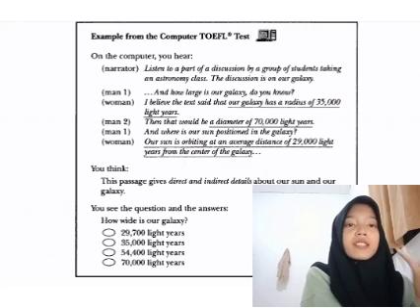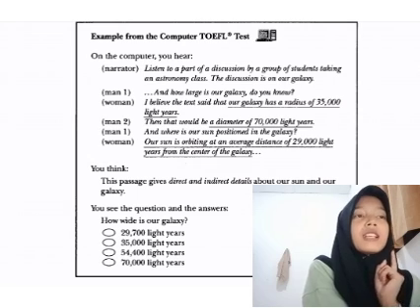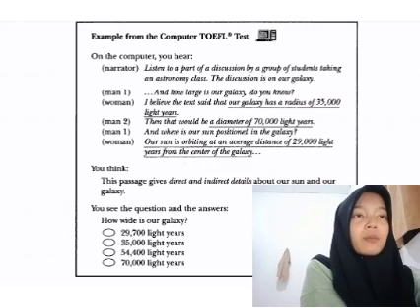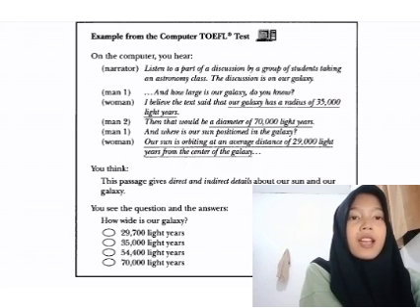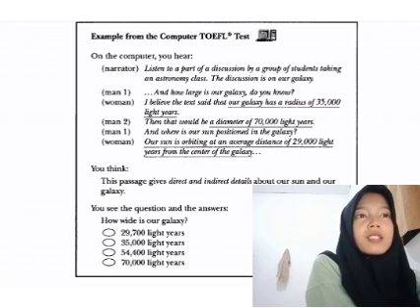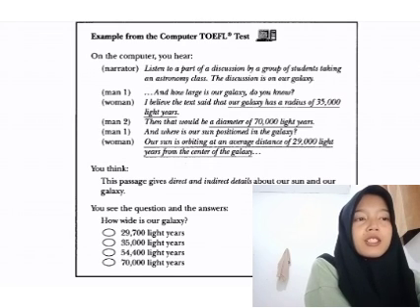So, where are the direct and where are the indirect details? The indirect details are from the woman and man 2. I believe the text said that our galaxy has a radius of 35,000 light years. This is indirect because she is quite unsure about her statement. She doesn't know yet if it's really true or not.